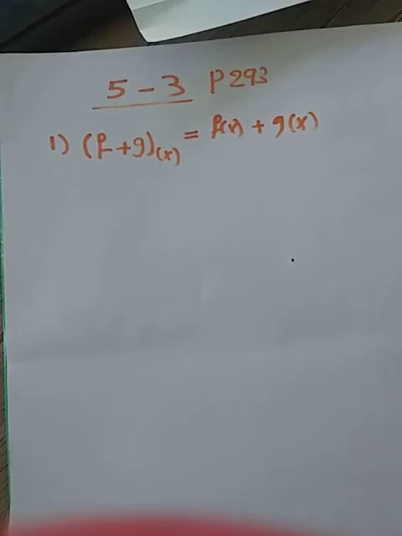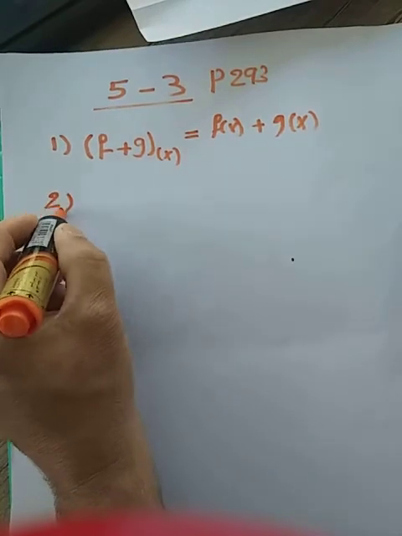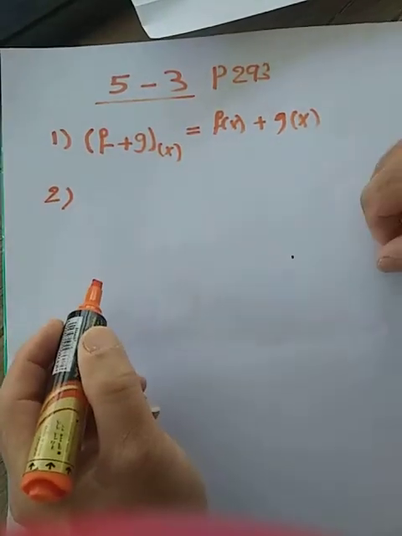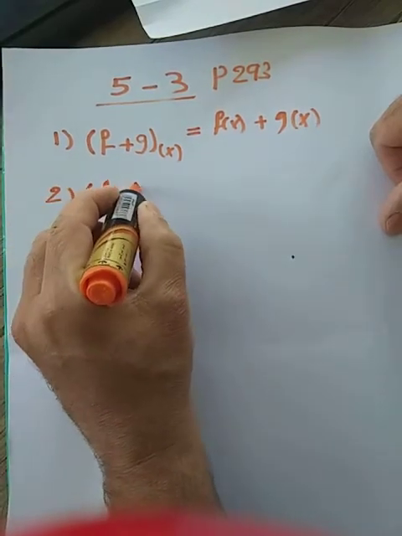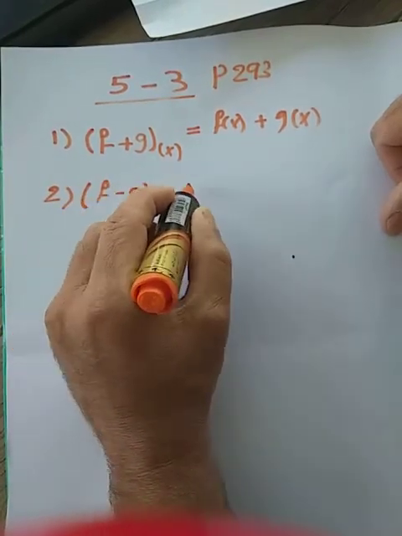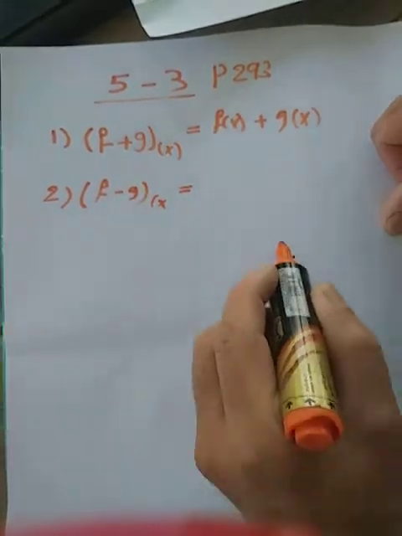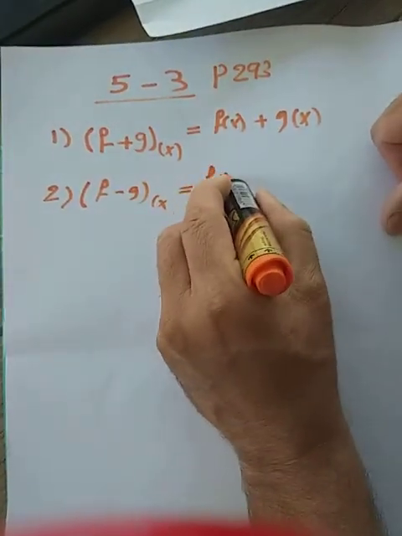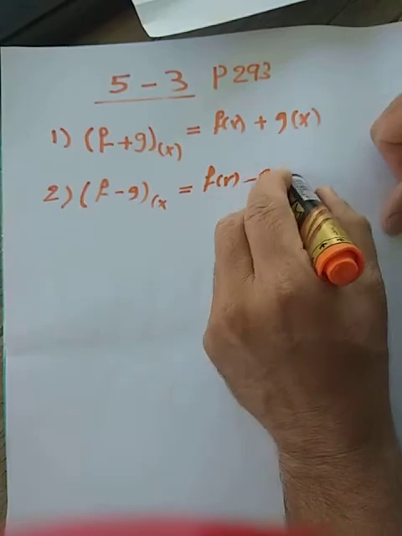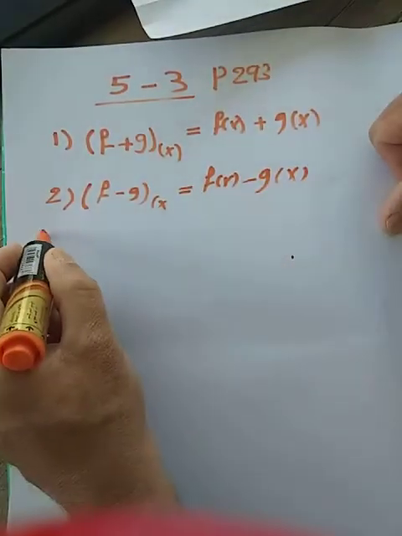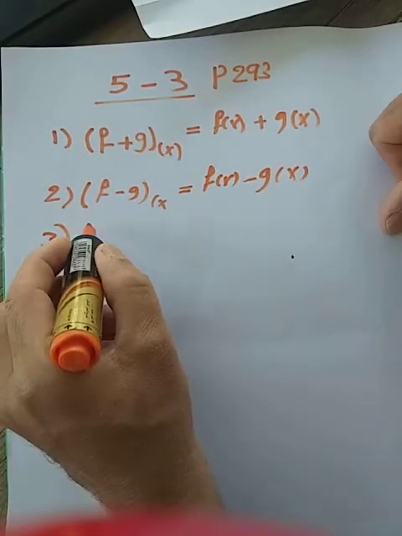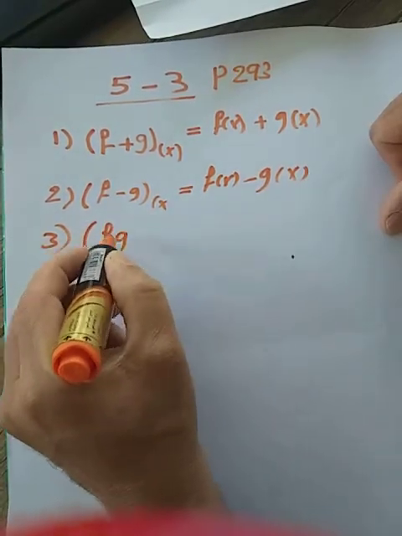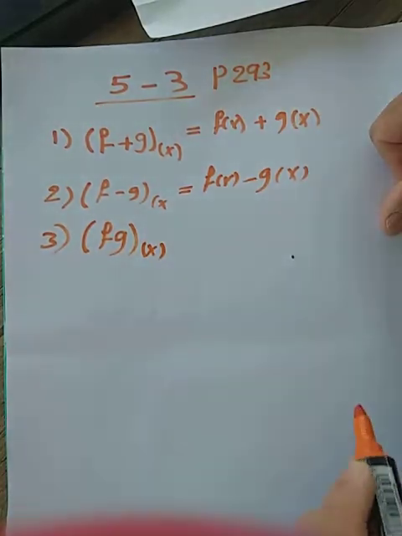Number 2, subtraction: f minus g of x equal to f of x minus g of x. Number 3, multiplication: f g of x.